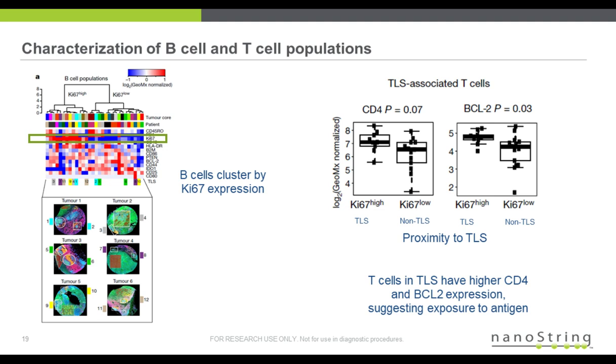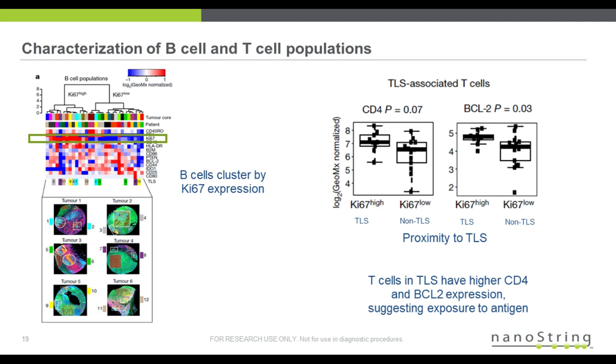So Dr. Johnson observed when he looked at the B cell signatures that there were two different populations of B cells that were present within these tissue samples. And they were really separated based on their level of Ki67.